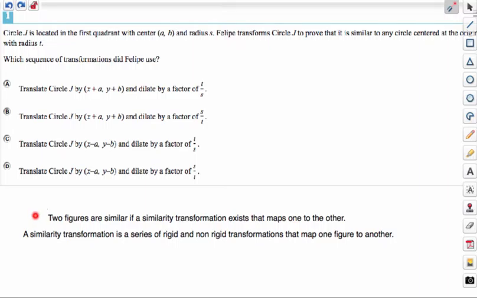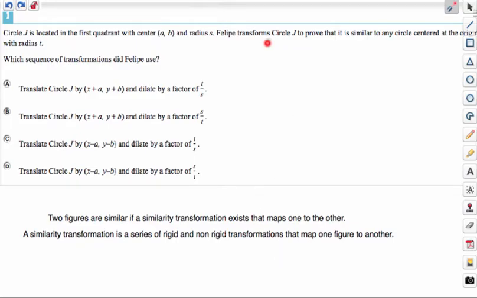First thing you need to know is that two figures are similar if a similarity transformation exists that maps one to the other. And what is a similarity transformation? It's a series of rigid and non-rigid transformations that map one figure to another.